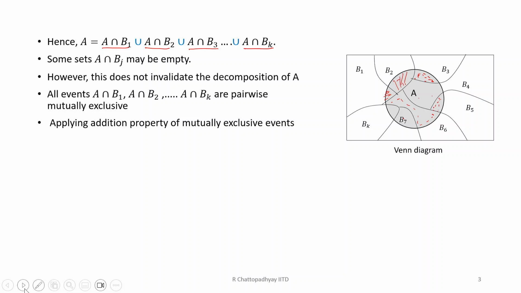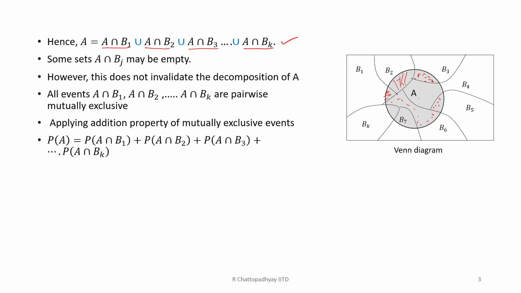Now, applying the addition property of mutually exclusive events, which we have studied earlier, we can write what P(A) is. Whatever is written here, I am only putting P in front of it. So the probability of the event A is P(A intersection B1) plus P(A intersection B2) plus P(A intersection B3), like that it will go on up to P(A intersection Bk).